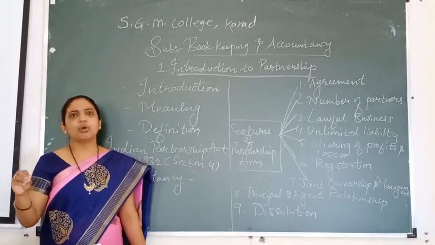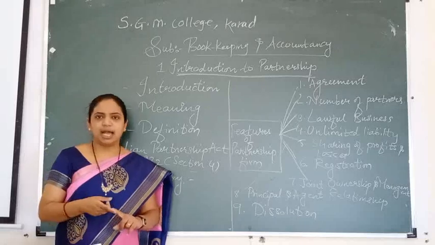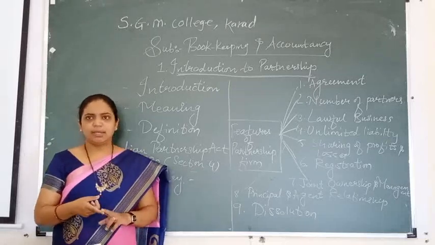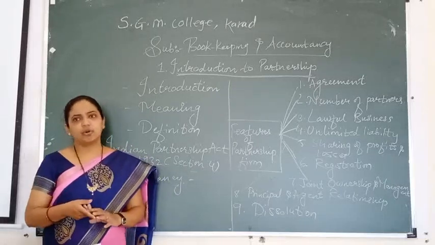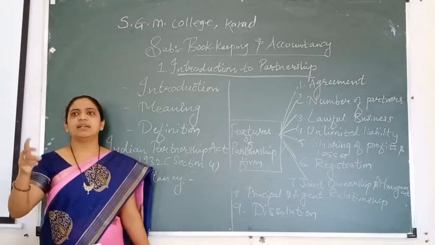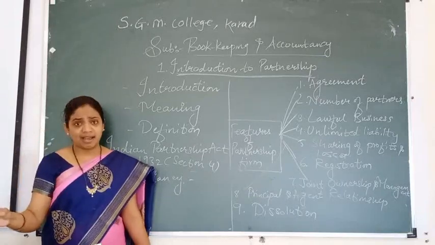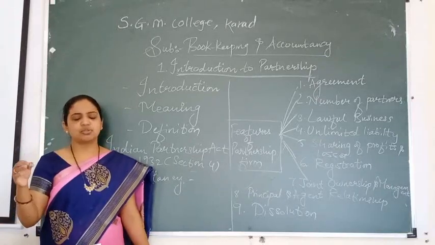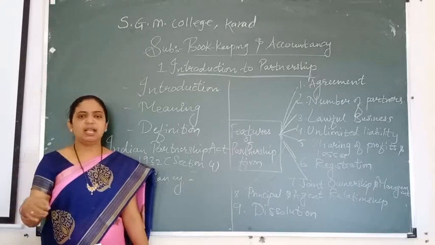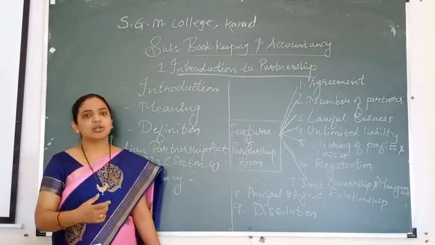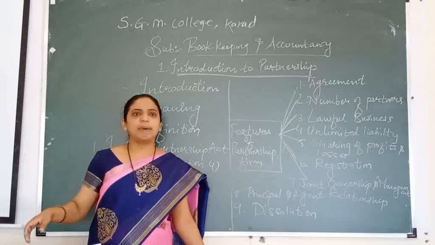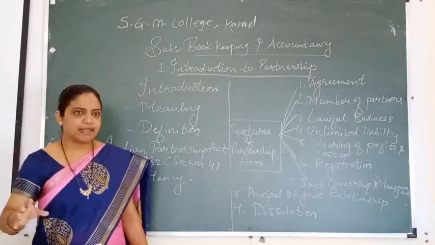So dissolution occurs when a partner dies, becomes insane, becomes insolvent, or retires. Here dissolution can also happen between the partners by giving 14 days prior notice.